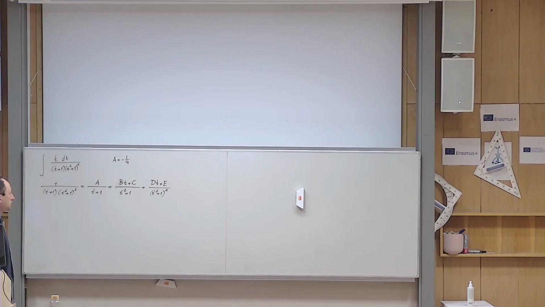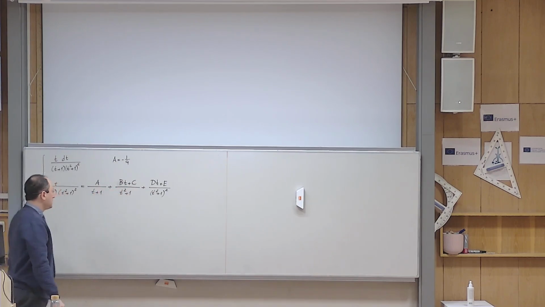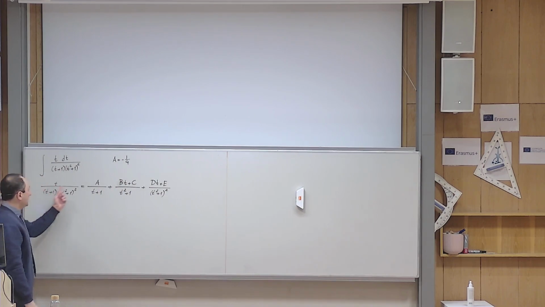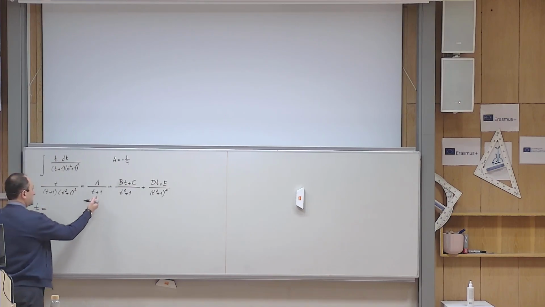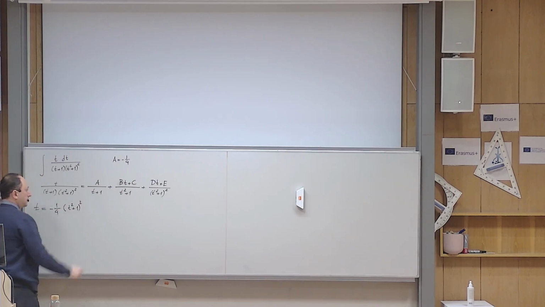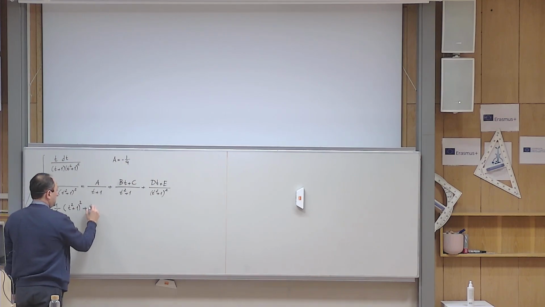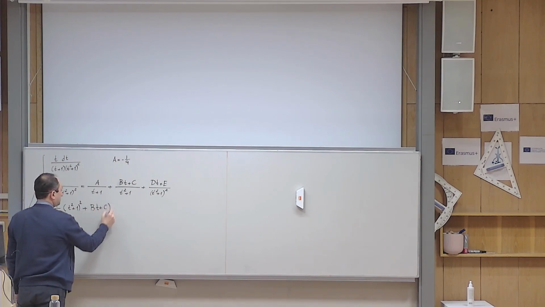Then I can look for the other 4 unknowns. What I have to do is multiply everything by the denominator. Of course, the left-hand side becomes simply t. On the right-hand side, this one and that one are gone. A, which is minus 1 over 4, will be multiplied by this leftover. The next one will be bt plus c.